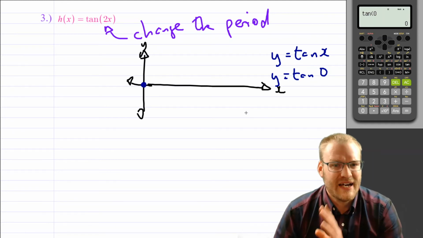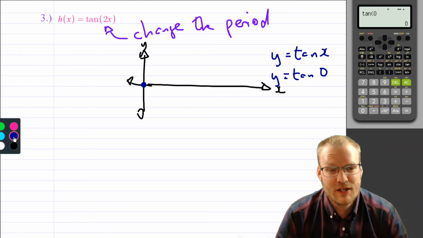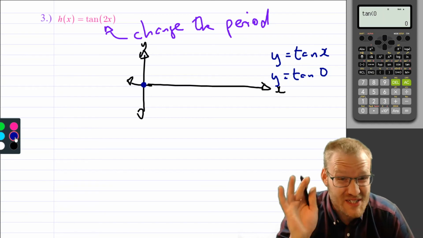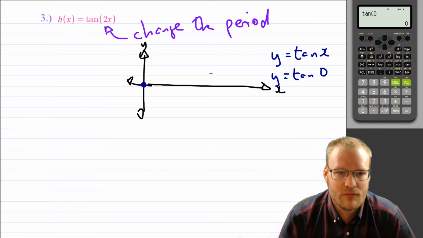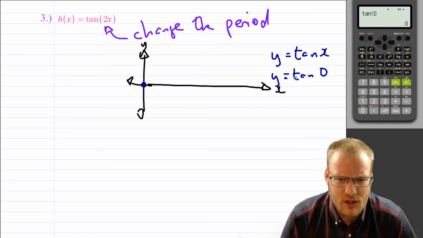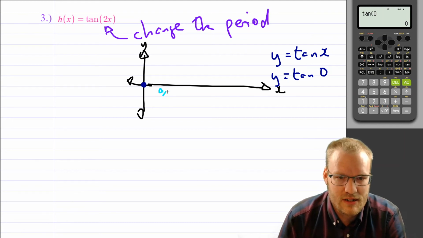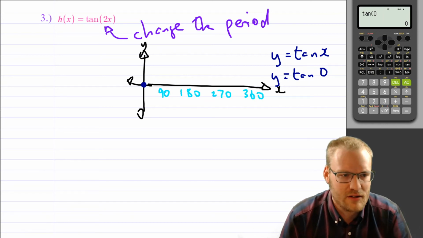With tan, there are asymptotes, and we're going to draw asymptotes first. We did the same thing with hyperbolas and exponential functions, and we're going to do the same for tan functions. The interesting points in our trig functions seem to be 90, 180, 270, and 360.